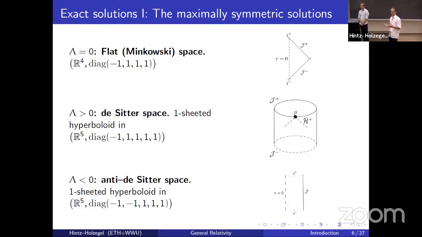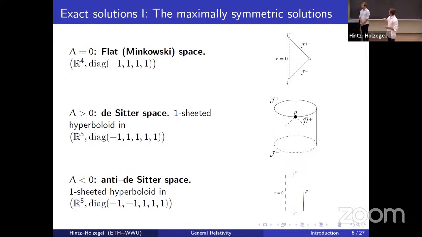Relativists like to think of space-time in terms of conformal diagrams, from which you can read off the causal structure in a pictorial way. I just want to draw your attention to future null infinity, scri plus, and past null infinity, scri minus, which correspond to the endpoints of future-directed, respectively past-directed, null geodesics.